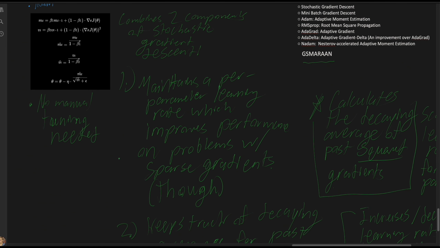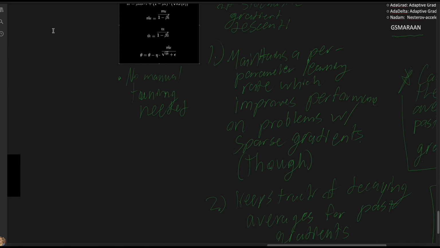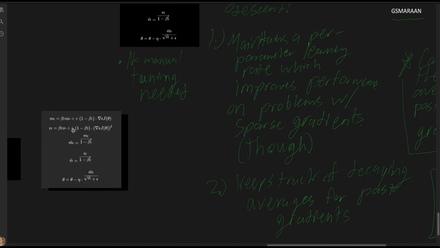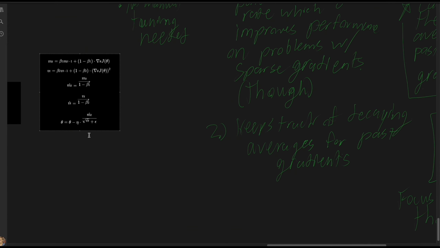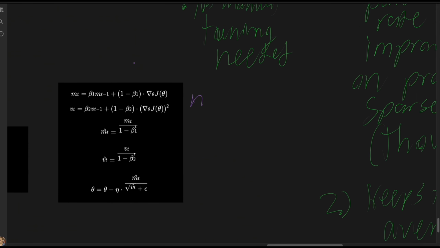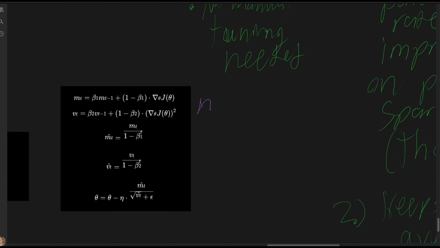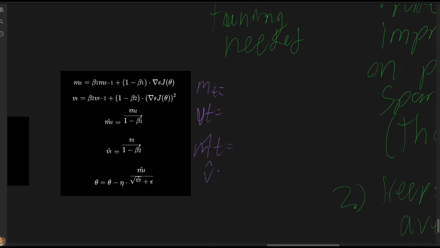And now to go over the formula. Adam is comprised of m_t, v_t, m-hat_t, v-hat_t.